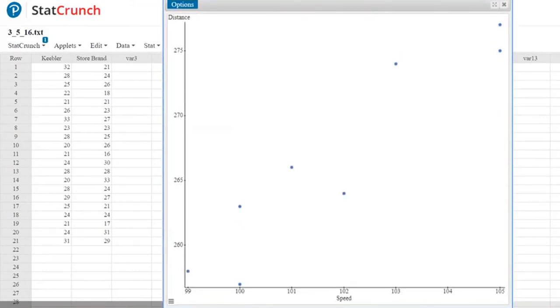We need another way of being able to determine whether we have a linear relationship besides just relying on a graph that again could be distorted. Now, we don't want to intentionally distort a graph, but it can happen unintentionally. So it looks like there's not a relationship when there is, or more likely, it looks like there is a relationship when maybe there isn't. So let me come back to my notes.